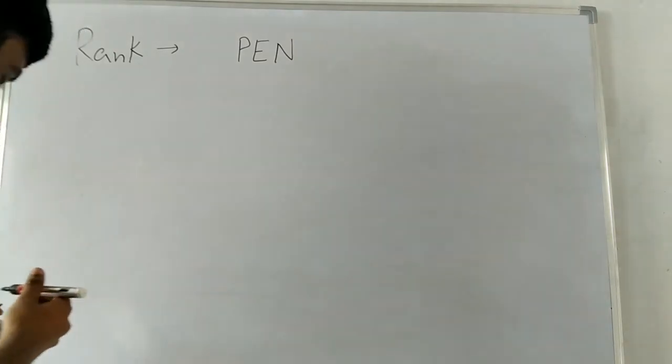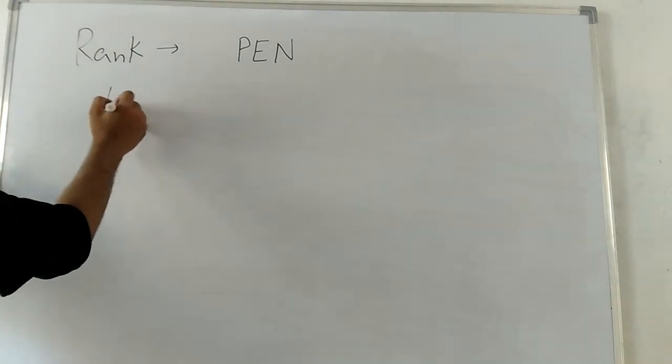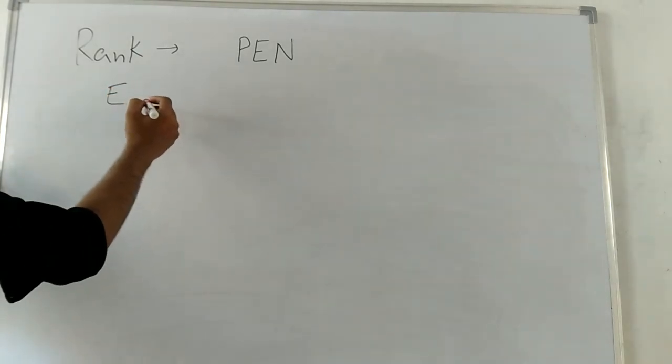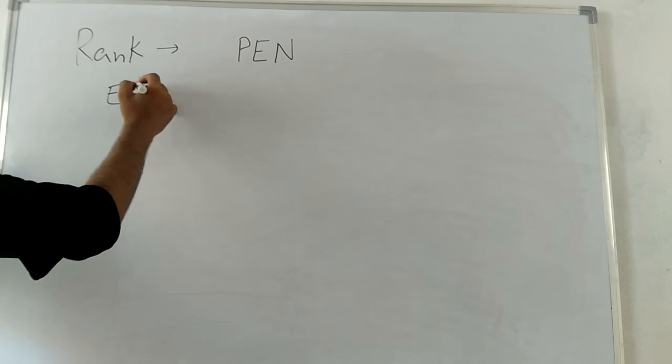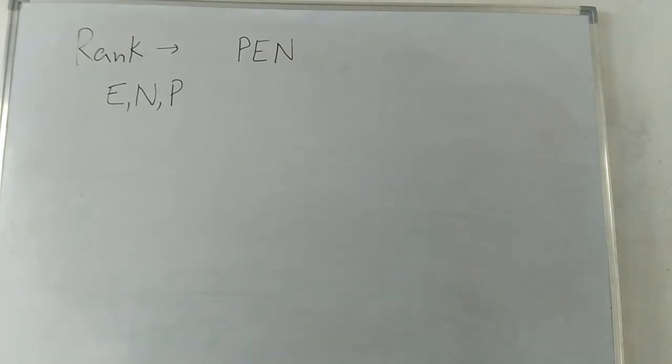So we can see that when we make a dictionary choosing these letters, the dictionary will start from E, because E comes first when we write in alphabetical order. So the first letter is E, second is N, and the third is P. We have three letters. So how can we solve this?